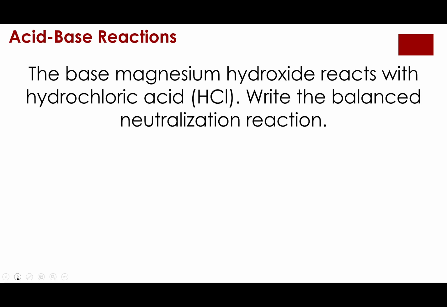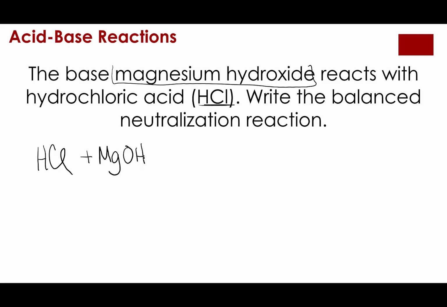Okay. So first, let's get our reactants on the board. I'm going to put hydrochloric acid down, HCl, because it gave me that formula, so I'm going to go ahead and write that down. Next, I need to figure out what is magnesium hydroxide. So magnesium hydroxide, magnesium is going to be Mg. Hydroxide is going to be OH.